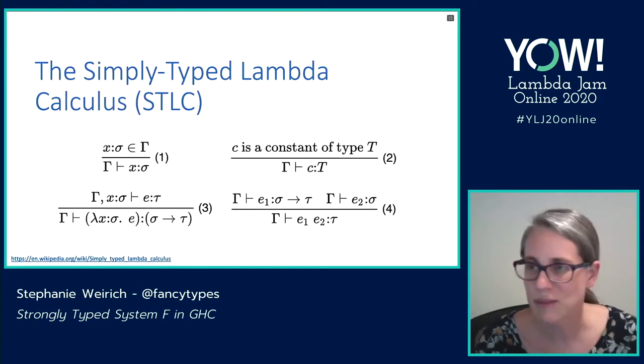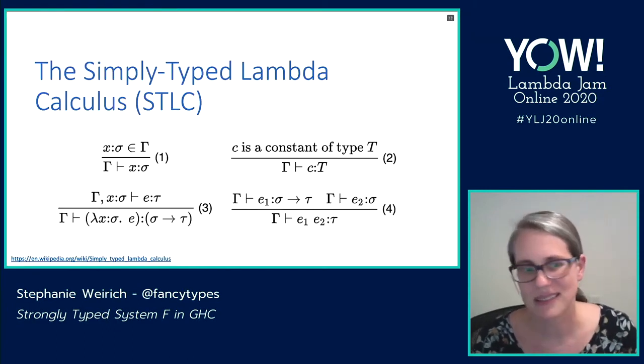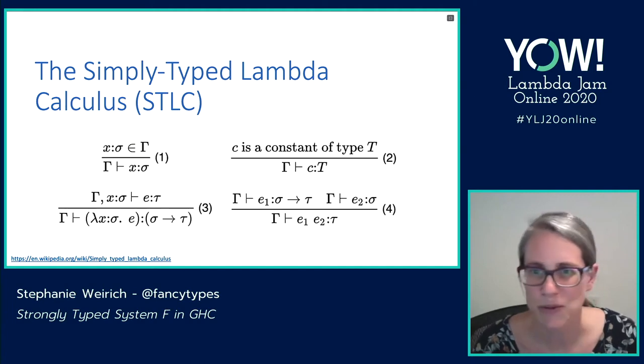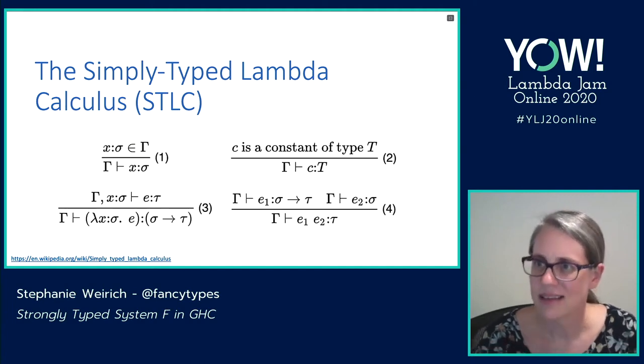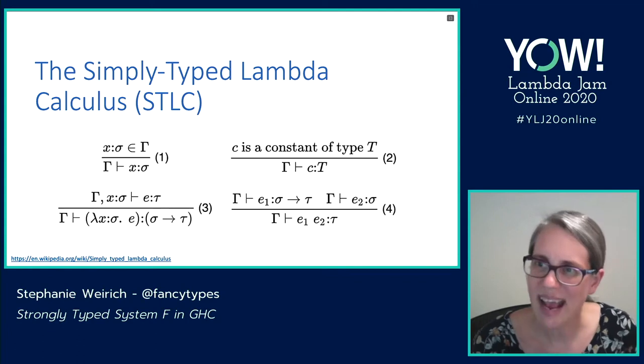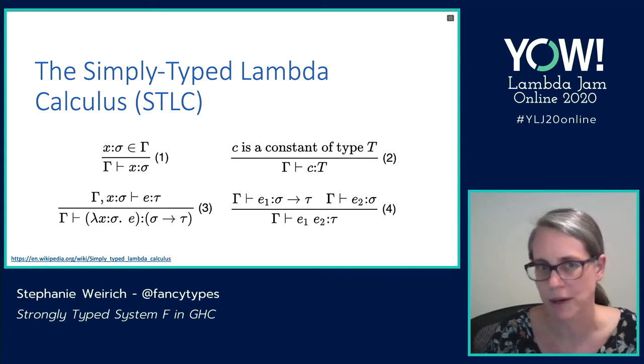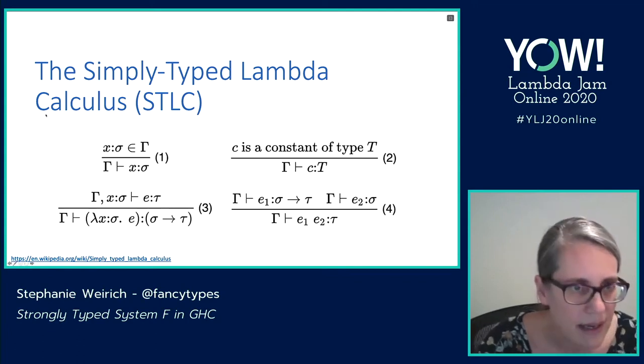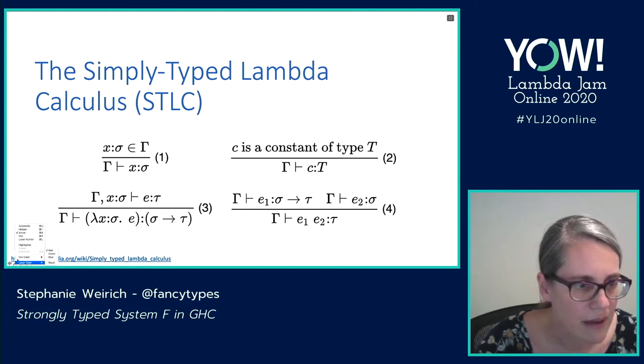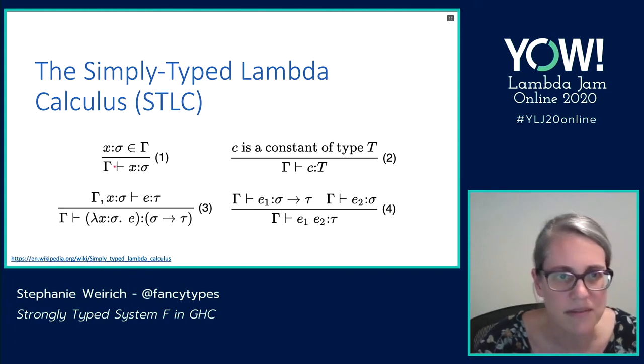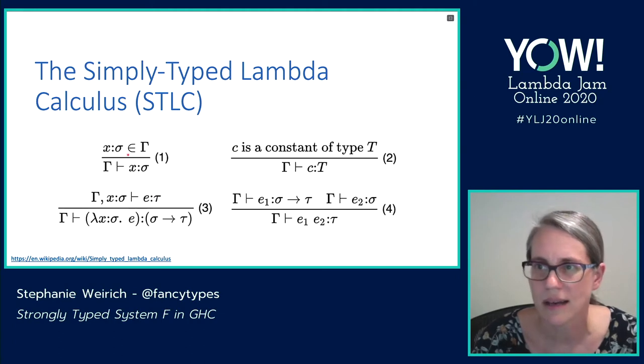Okay, so simply typed lambda calculus, right? I pulled these typing rules from Wikipedia. This is a very standard way of capturing the essence of a typed programming language. So let me see, I should have a laser pointer. I hope it's visible. So you can see here we have 4 rules, right?